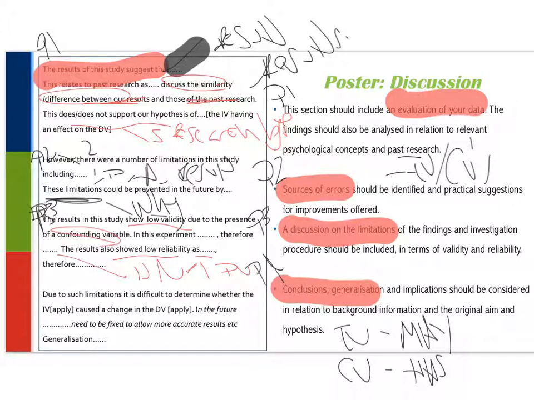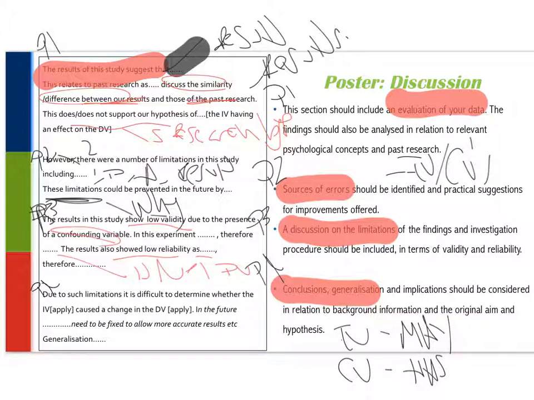So that is your third paragraph. Your last paragraph is your conclusions and your generalizations. Now this paragraph for us is really easy because although our results suggested that the IV didn't have an effect on the DV, we know that we had a CV for both experiments, and so it actually makes our job much easier.